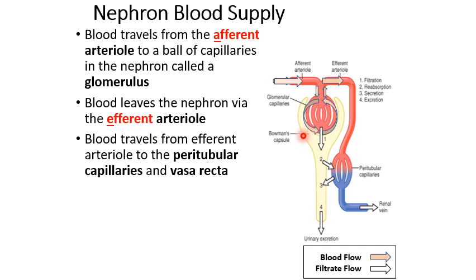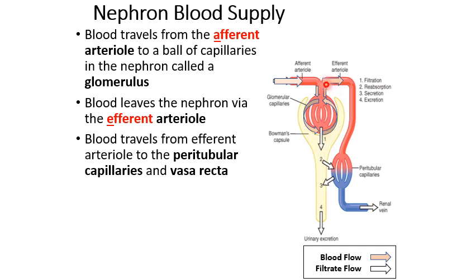Then a filtration process will take place from the glomerular capillaries, and filtered fluid will enter the Bowman's capsule. It will cross into the capsule as filtered fluid in a process called filtration.